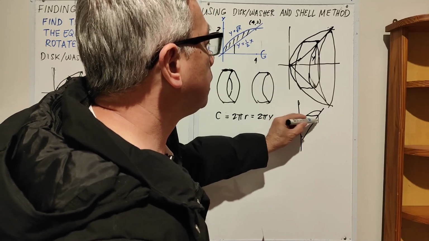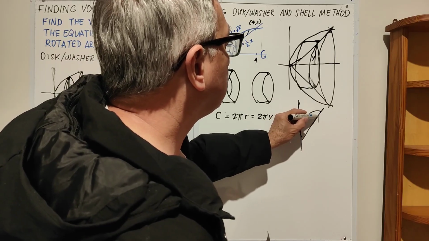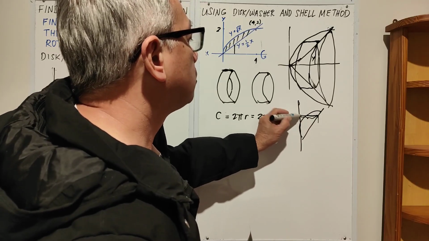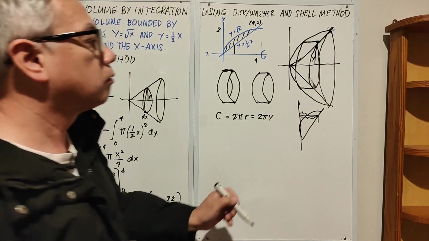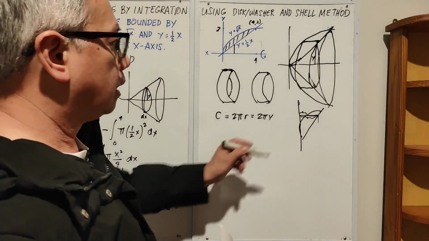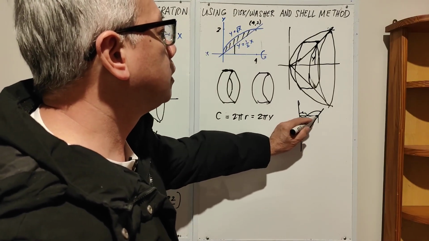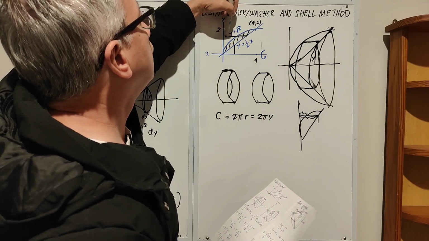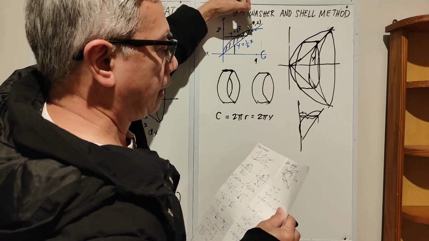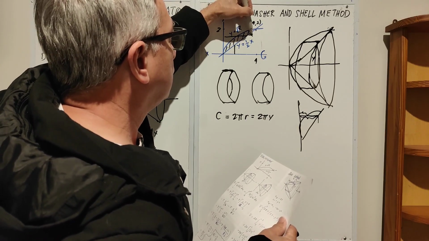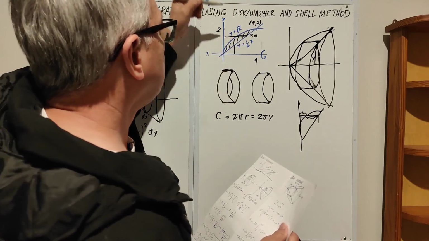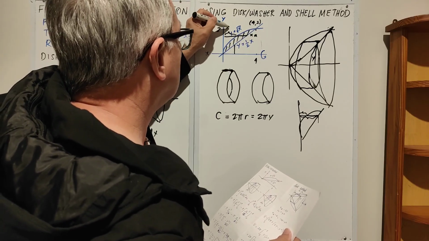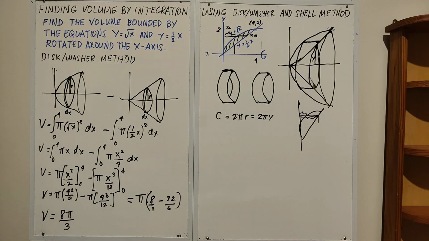So your thickness will be from here to here minus, so this one minus this one. That will be your thickness. And now this length from here to here will be your X R, your X to the right, minus this one, so X to the left. Okay.